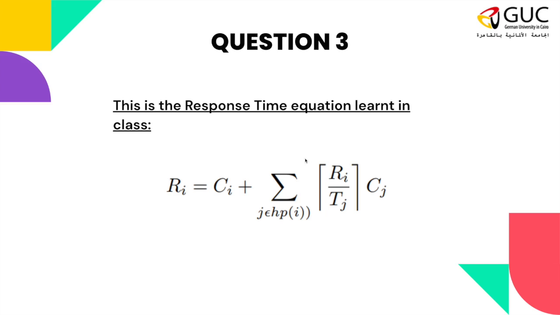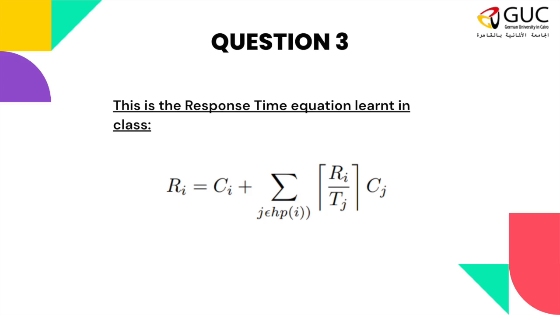Here we have the ceiling mark. So actually the value of R of I divided by T of J, we will ceil this value. Ceiling means rounding up. R of I is the response time of task I, and T of J is the period of task J.